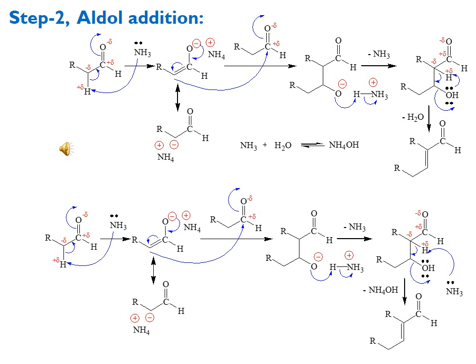The next step is the removal of water, and the removal of water can proceed in this manner: the lone pair of the OH oxygen, acting as a nucleophile, attacks the vicinal hydrogen at the alpha position, which is acidic in nature, and the two electrons of the carbon-hydrogen bond move towards the alpha-beta carbon, making a double bond, and the OH group is removed in the form of water, and we get the alpha-beta unsaturated carbonyl compound.